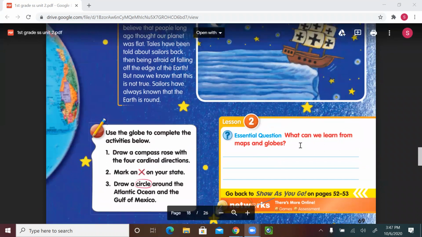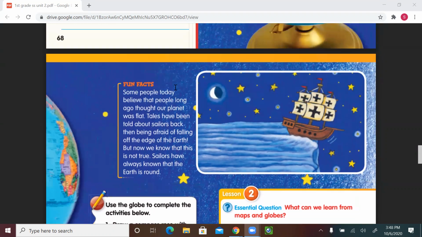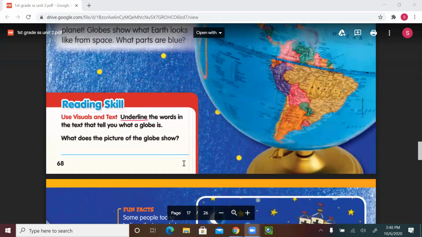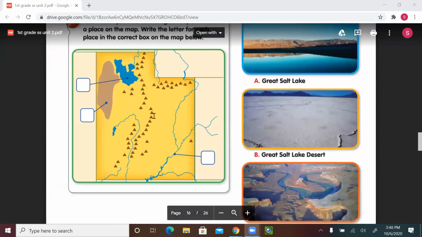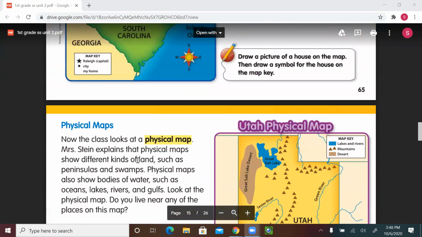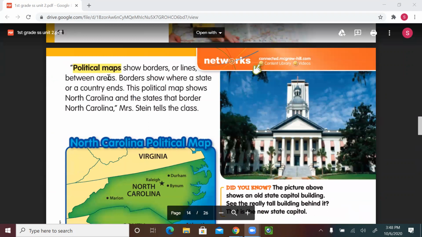All right. So before answering the essential question, let's just review what we covered in this lesson. We're still on topic 2, where we live. We learned about maps. We learned about cardinal directions. We learned about the 2 different maps, political maps and physical maps. In our example here, physical maps show different kinds of land, such as peninsulas and swamps, and all kinds of bodies of water, such as rivers, lakes, and oceans.